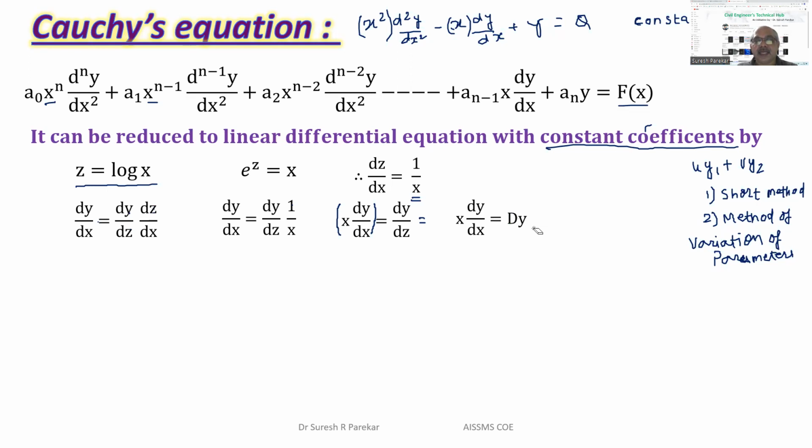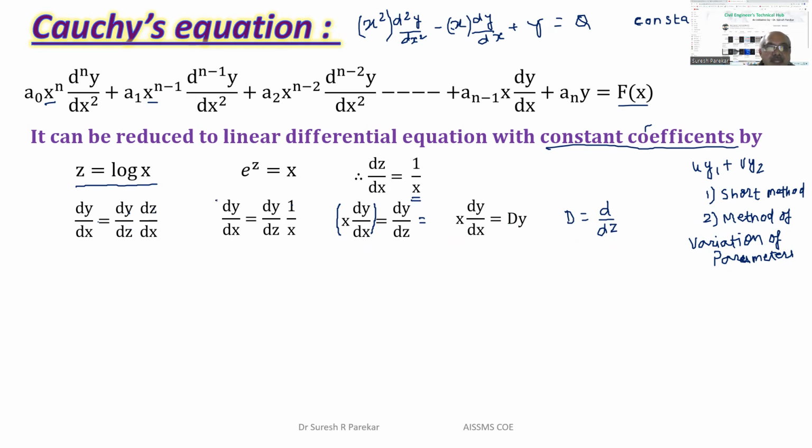So we have this x dy by dx equal to Dy, and D we can write as d by dz. In the last, in these two methods we used D equal to d by dx. So now we have x dy by dx equal to dy by dz.